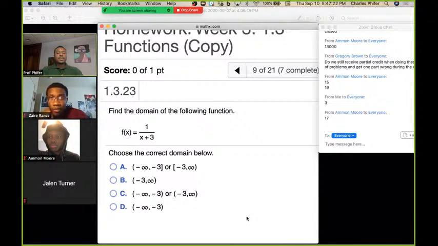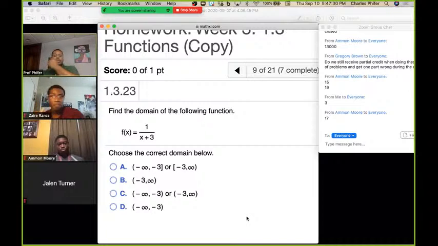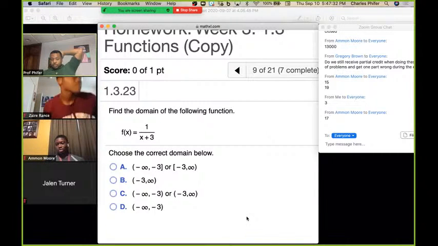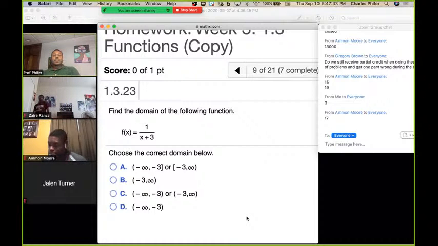So notice x cannot be negative 3, so is the answer A, B, C, or D? If we want to capture everything except negative 3, then we choose A, B, C, or D. Do we need to go through this one?